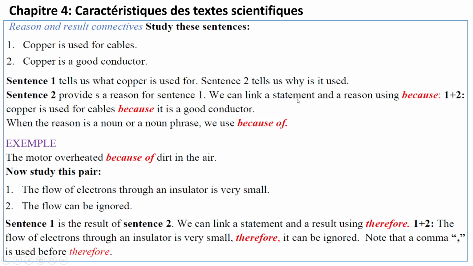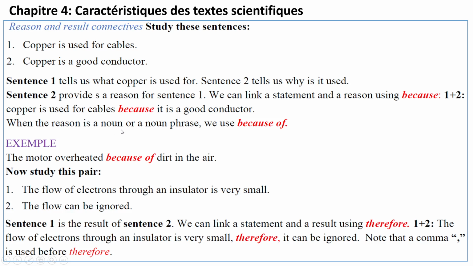We can link statement and reason using because. So 1 plus 2, we find: copper is used for cables because it is a good conductor. We remove the copper and replace it with it.